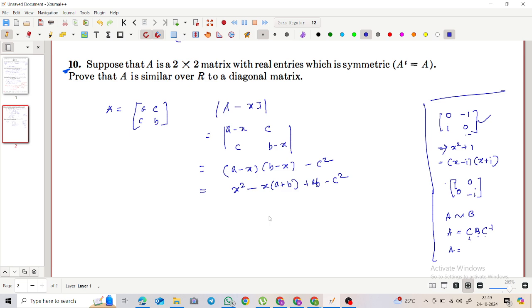We can use Sridharacharya. Let's see. So x is minus b plus minus root over b square minus 4ac, over 2. Am I doing it right? So what are these?